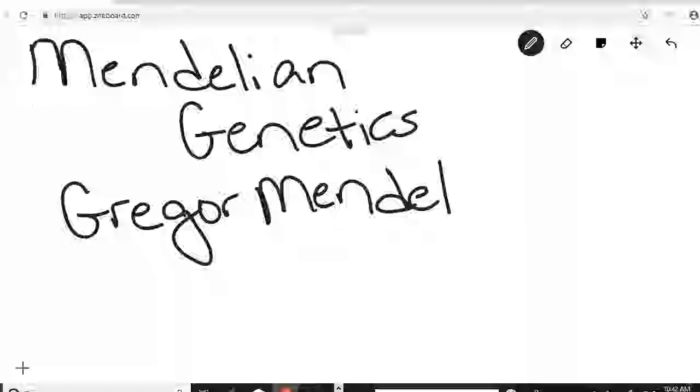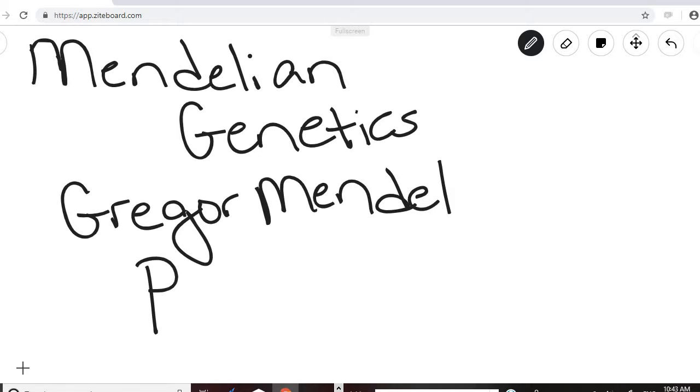Our understanding of genetics continues to expand, but the basic principles set forth by Gregor Mendel in the mid to late 1800s, with minor modifications, still hold true, and they have not been disproven. And so Gregor Mendel is considered the father of modern genetics.